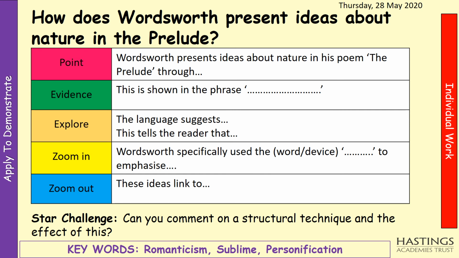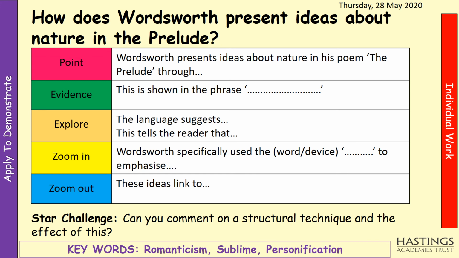So pause the video and then come back when you finish that. Okay. When you have finished your paragraphs, please email them to your teacher for some feedback, to see where you could improve and what you have done well.